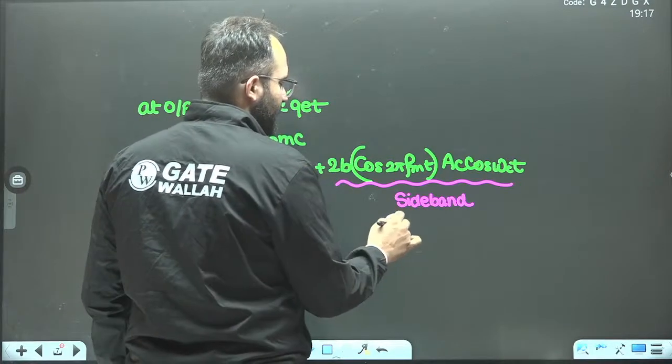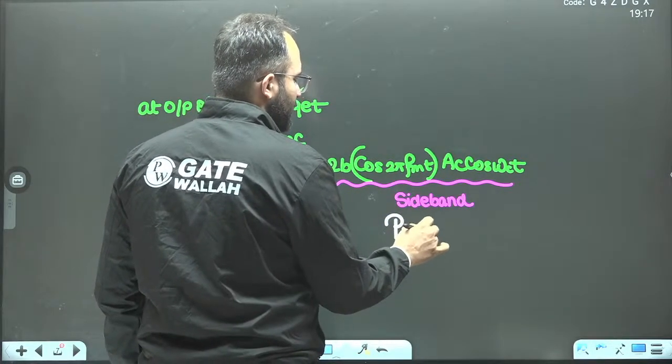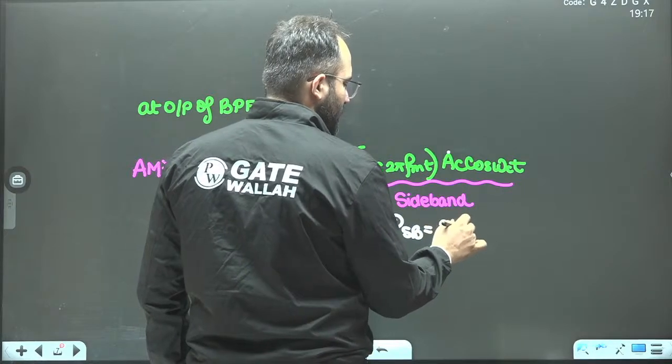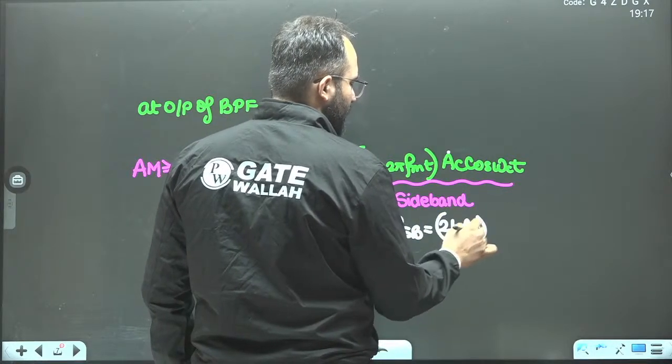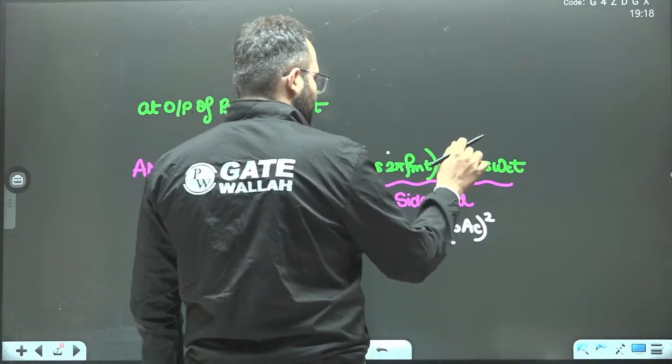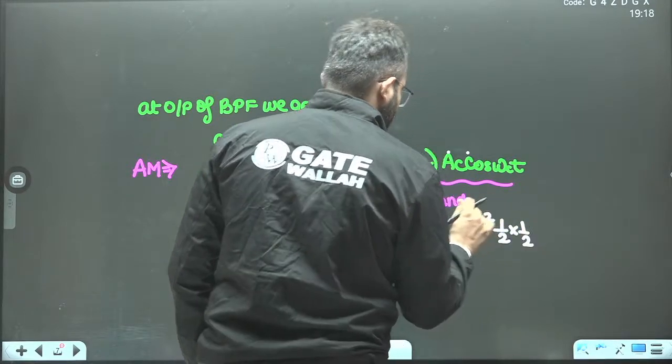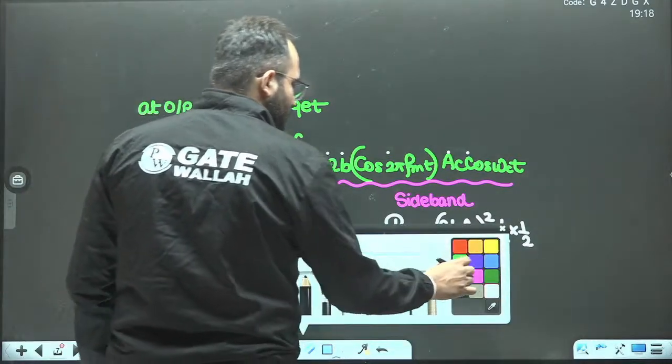What is the sideband power? First of all, we will see the term, that is 2B Ac whole square, and there are two cos terms, this and this. So one cos term will give 1 by 2, another cos term will give 1 by 2. So this is the sideband power and the carrier power. What is the requirement?